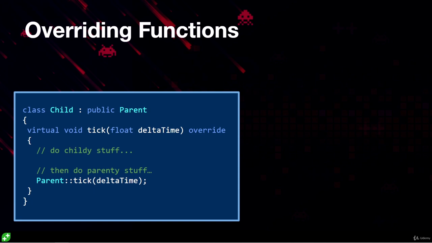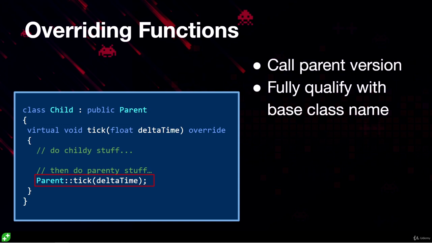Now, what happens if you have an override in a child class and you want to execute your own unique code in that function, but you also want to execute the code in the parent version? You can do this. You do it by calling the parent version of the function and fully qualifying the function name with the base class name, like we're doing here.